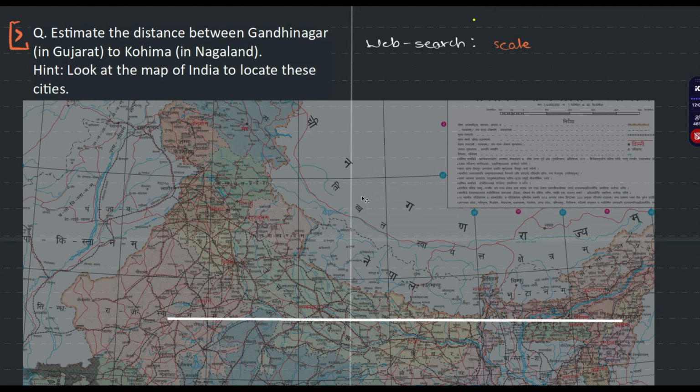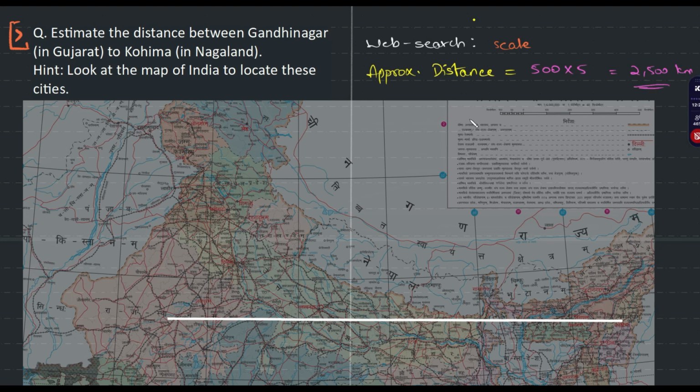So each of them being approximate distance, each one being 500 kilometers. So since we are using 5 of them, this will be 2500 kilometers in total.